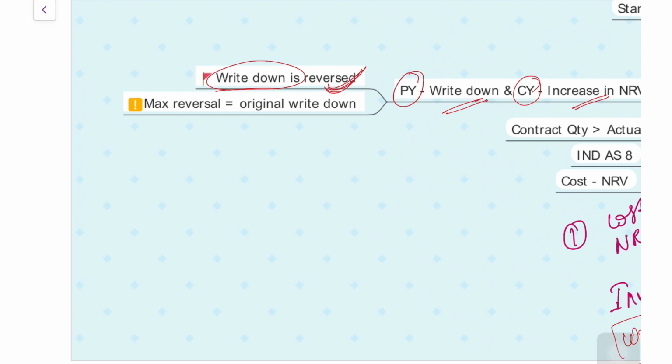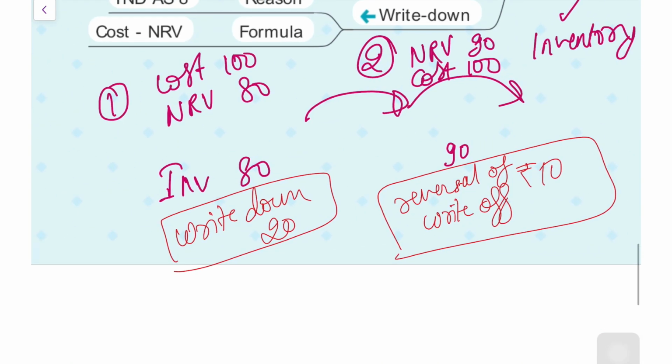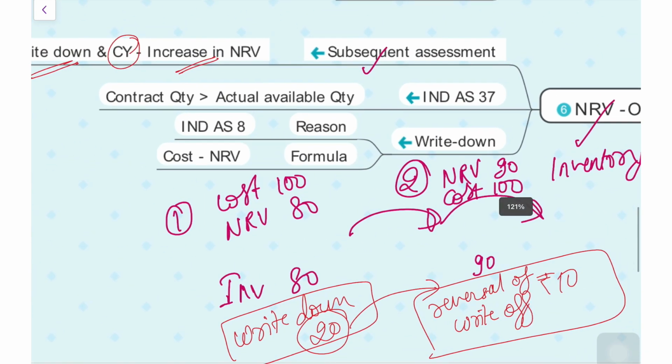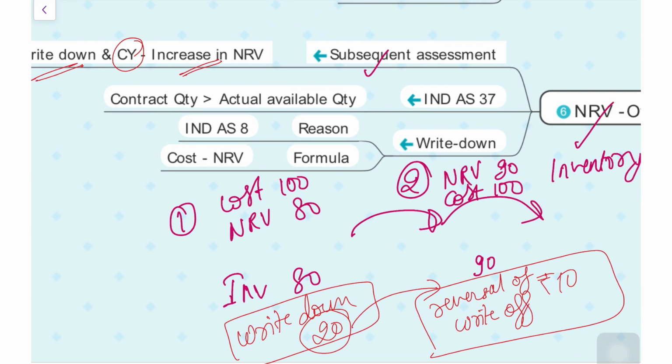And then if there is anything else, you can account for it. Correct. So how much can you maximum reverse here? The maximum you can reverse is how much you have originally written down. If I have written down 20 rupees from my inventory, you can only reverse 20 rupees, not more than that. So that is the maximum reversal. So that is about your subsequent assessment.